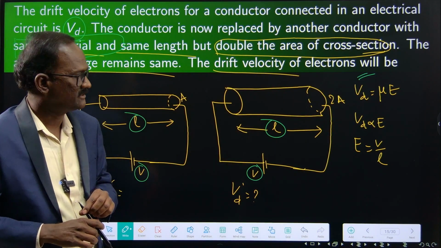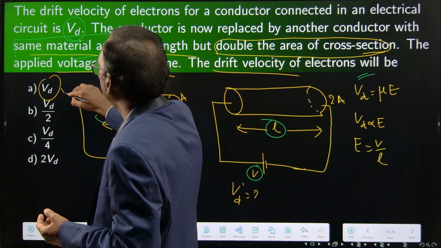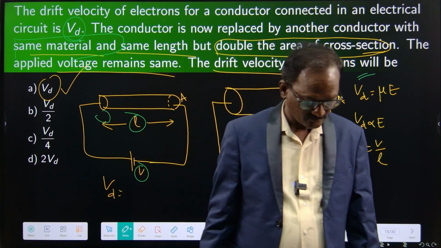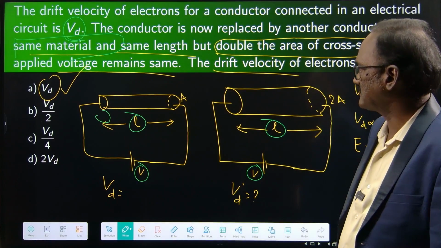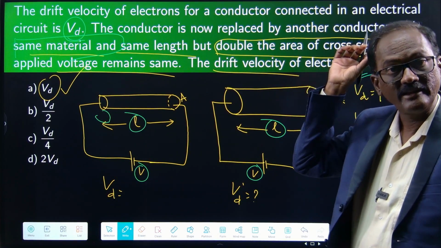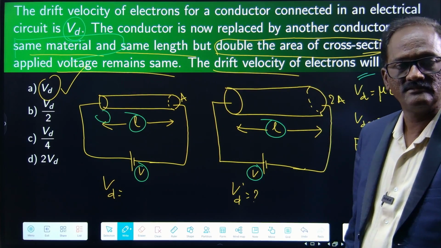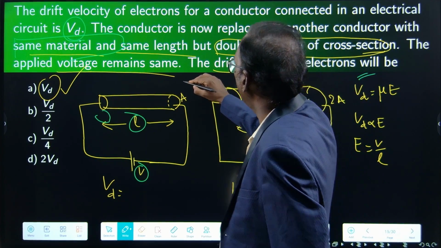Material we have not changed. So the answer is VD. Then the area of cross section, what it makes? Area of cross section. We know R is equal to rho L by A.